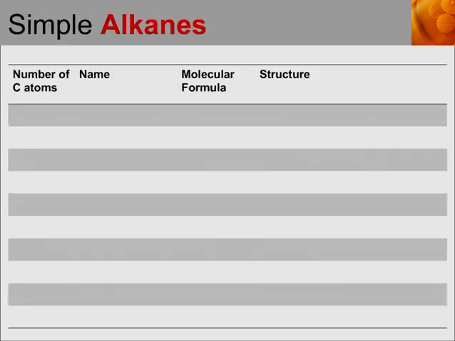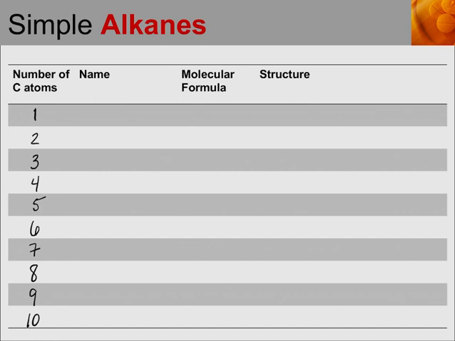So let's first start by going over simple alkanes. Let's start with the number of carbon atoms. Let's just number these 1, 2, 3, all the way down to 10. Now, each of these numbers will have a prefix to tell us how many carbon atoms we have.